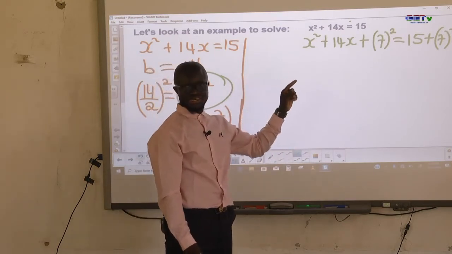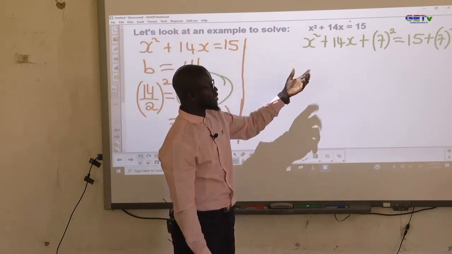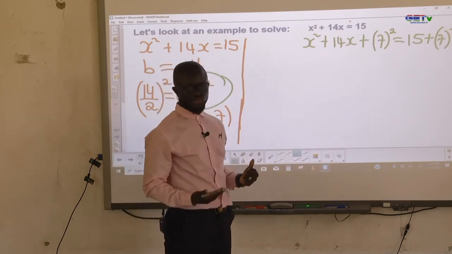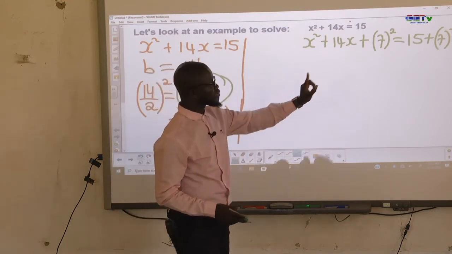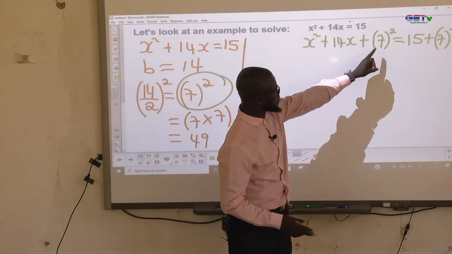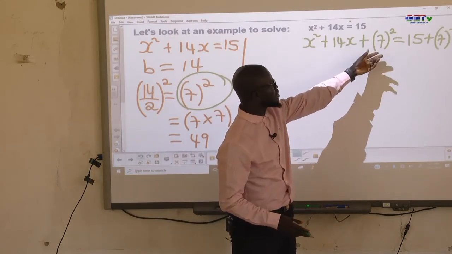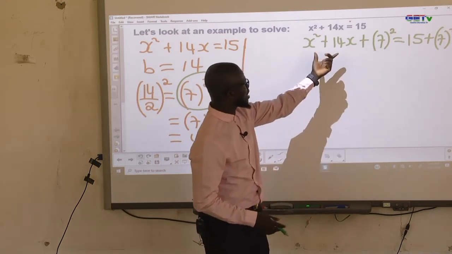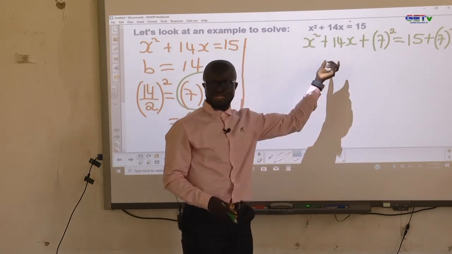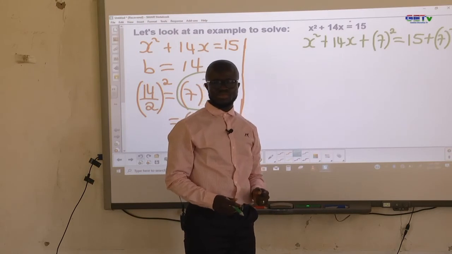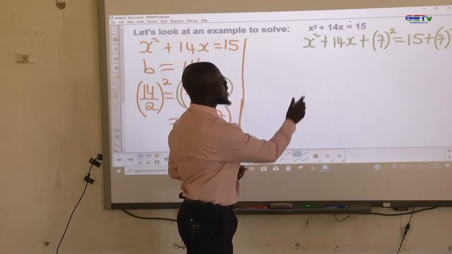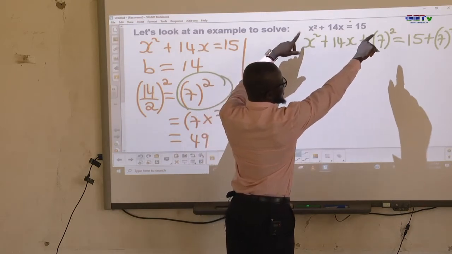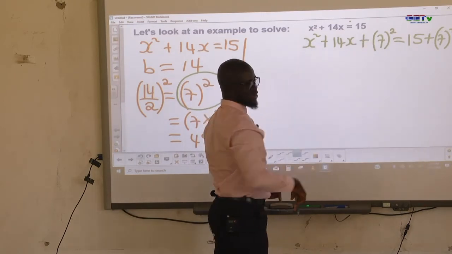In your previous lesson, you remember that we learned how to factorize. And in factorization, remember you are told that you find the numbers that you multiply and can always give you the constant. If you add them, obviously it will give us what? The b value. Now, to factorize this, if you look at the expression, it is quadratic.